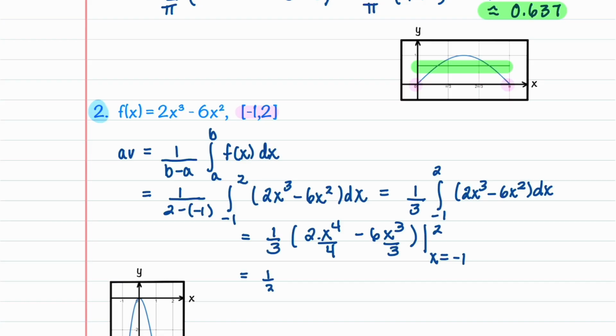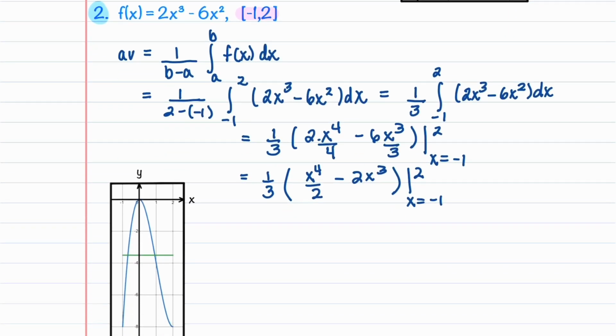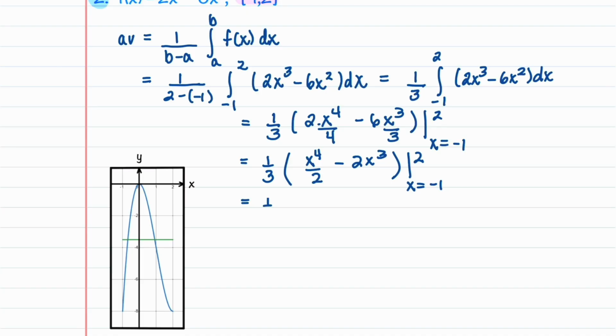Let's go ahead and simplify what's in our parentheses before we substitute in -1 and 2. We have x to the 4th over 2 minus 2x cubed, and we're going from x is -1 to x is 2. This gives us 1/3. 2 to the 4th is 16, so we have 16 over 2, minus 2 times 2 cubed, which is 8.